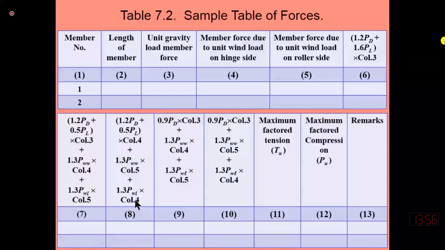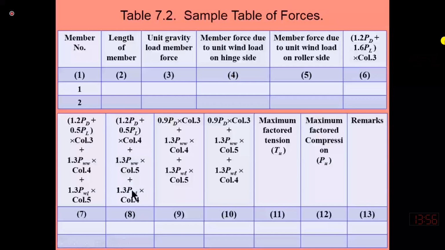If the wind is blowing from the hinge side, this will be the windward and this factor will be used for the leeward. If the wind is coming from the roller side, this side will become the windward and this side will become leeward. So we are multiplying the panel windward load with column number 5 and 1.3 of the leeward load with column number 4.